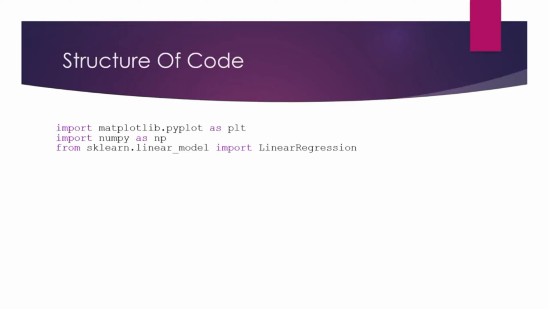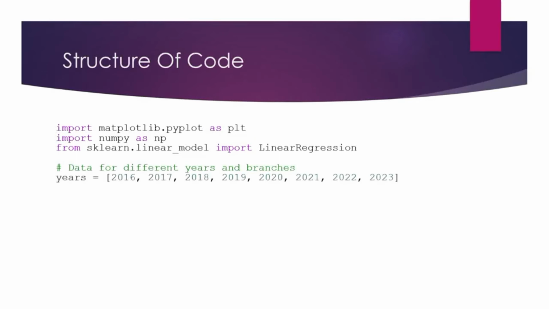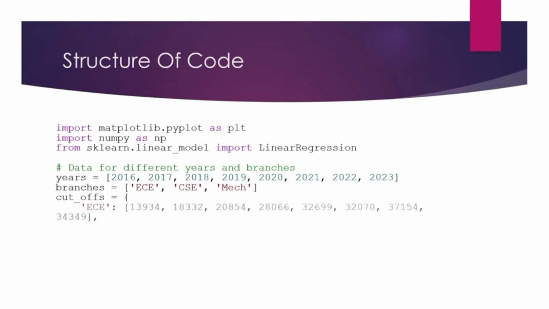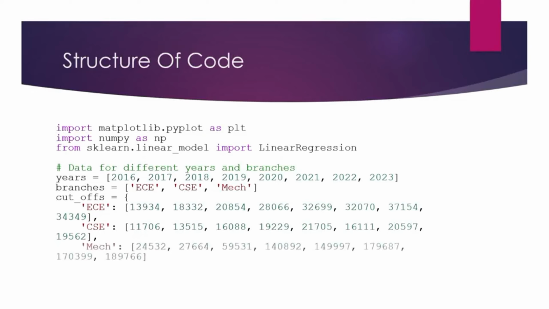We import matplotlib for plotting, numpy for array manipulation, and linear regression from sklearn for fitting linear regression model. Next, we define the data for different year and branches. We have years from 2016 to 2023 and corresponding cutoff ranks for the three branches ECE, CSE, and MEC.